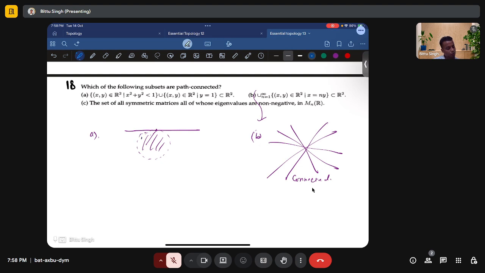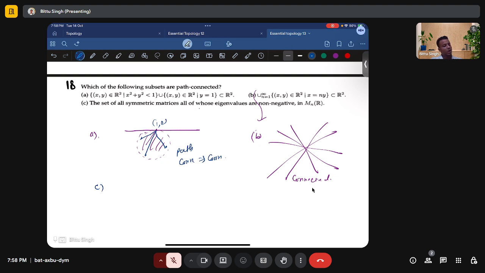Whatever point we choose, we can always construct a path by convexity. From this point we can always construct a path, a straight line segment, that will work. So this is path connected, we simply connected.